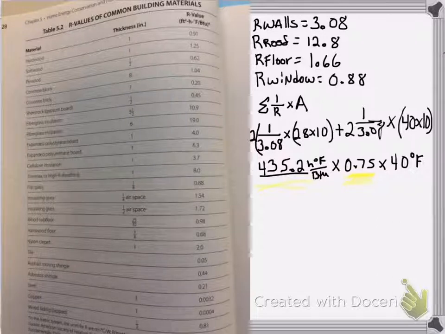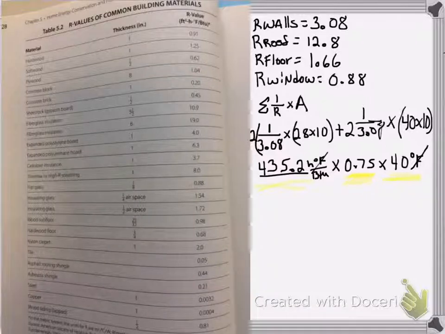So this is my 75%, and then I'm going to do my change in temperature, which means that my degrees Fahrenheit will cancel out, and I'll have BTUs per hour. And when I do this, depending on where you round it, the numbers can vary, and I said you can be off by a couple hundred BTUs, and it's okay.